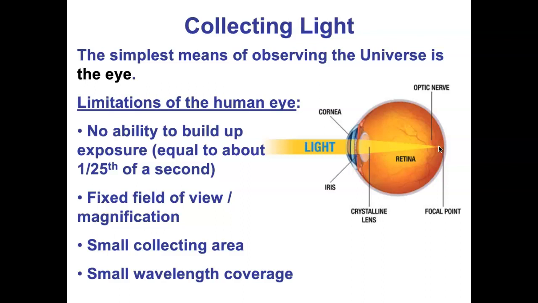So our eyes are great. They've kept us alive for a few million years. So all well and good. But if you want to look at faint objects really far away out there in the universe, which is sort of a good working definition of what astronomy is, we need some better devices.